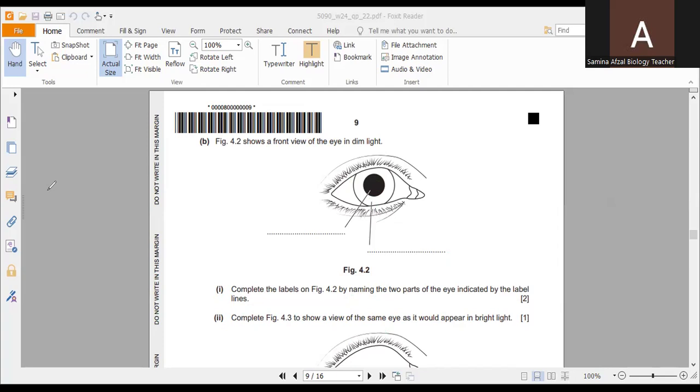They have labeled this pupil, a window through which the light rays enter into the eye. And this is the iris. So these are the two parts of the eye, very easy.